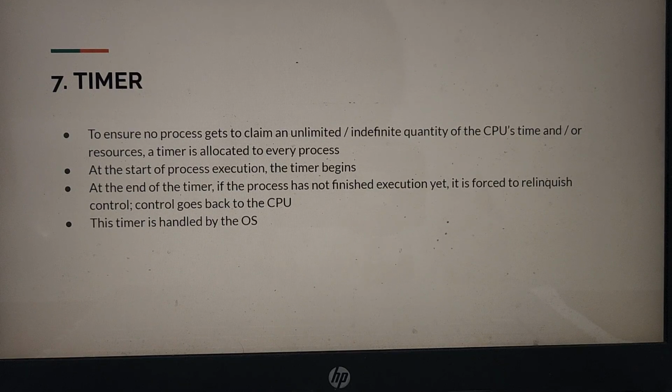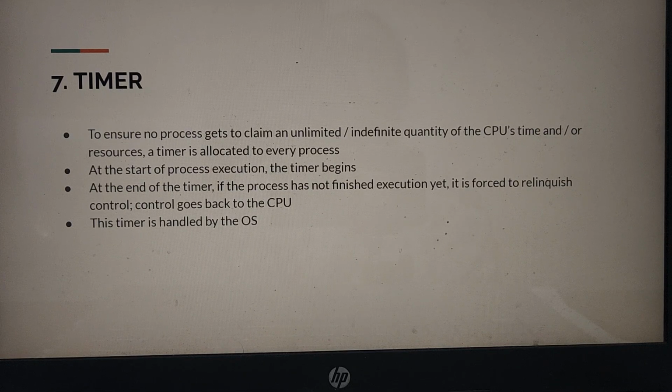So there is a timer associated with every process. Let's say for some X units, X seconds, milliseconds, whatever. If the process finishes whatever it had to do within that X milliseconds, well and good. We move to the next process, again another X milliseconds.